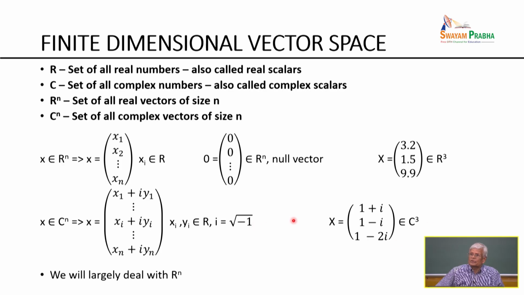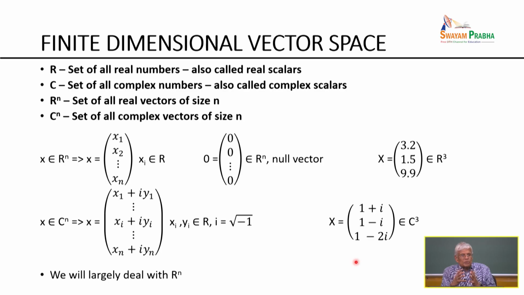So what is a typical example of a three-dimensional complex vector? 1 plus i, 1 minus i, 1 minus 2i. That's a three-dimensional complex vector. We will largely deal with real space, real vectors, but for example, in quantum mechanics, complex numbers arise very naturally.